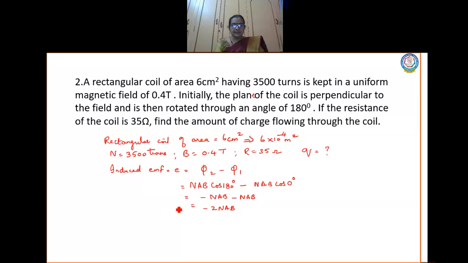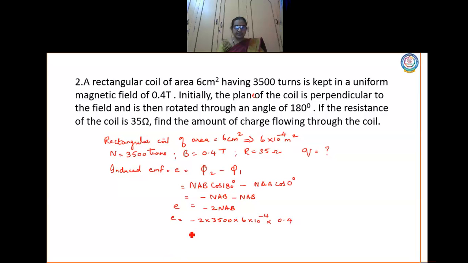Now I'm going to substitute the values. Minus 2 into, what is the number of coil? N is 3500, into area. Area value is 6 into 10 power minus 4, into magnetic field 0.4.